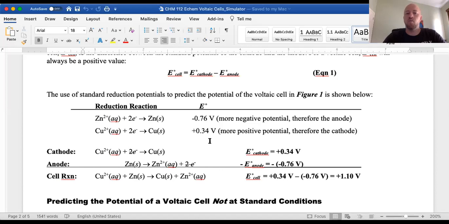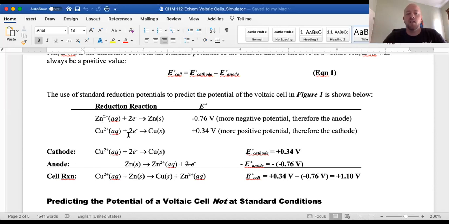An easy way to remember this is that anode starts with a vowel, and so does oxidation. The cathode is a consonant, and reduction goes there. Reduction is the gain of electrons.